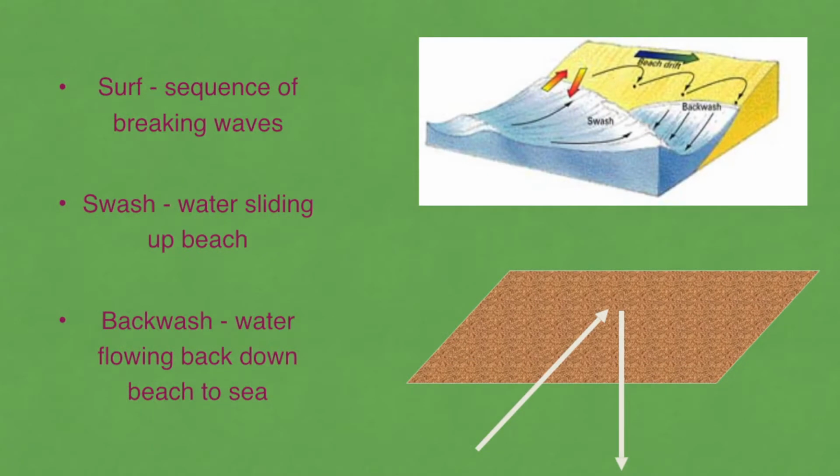Surf is the sequence of breaking waves. Swash is the water sliding up the beach, and backwash is the water flowing back down into the sea. These are all the sequences of the waves that actually create the landform along the coastal area.